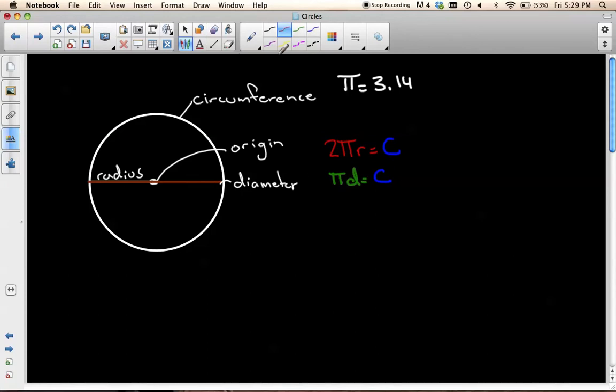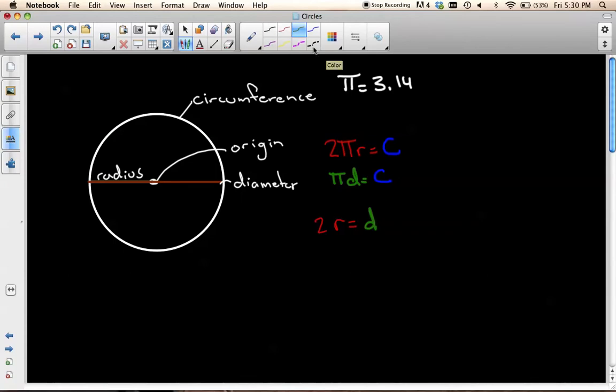Now, the other thing that I want you guys to remember is the relationship between the radius and the diameter. 2 times the radius will give us the diameter.